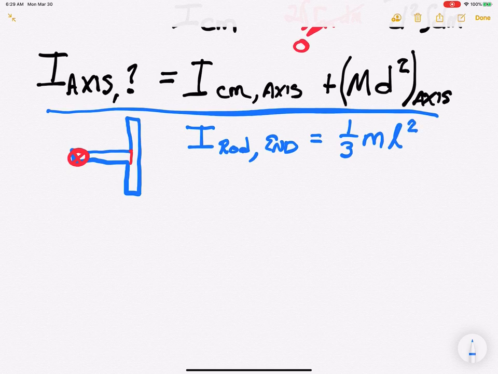I suppose in this example then each of these rods are going to have a mass and a length, which we might as well make equal.